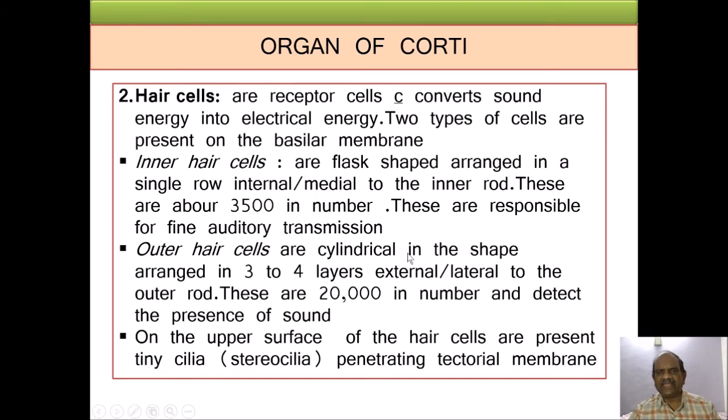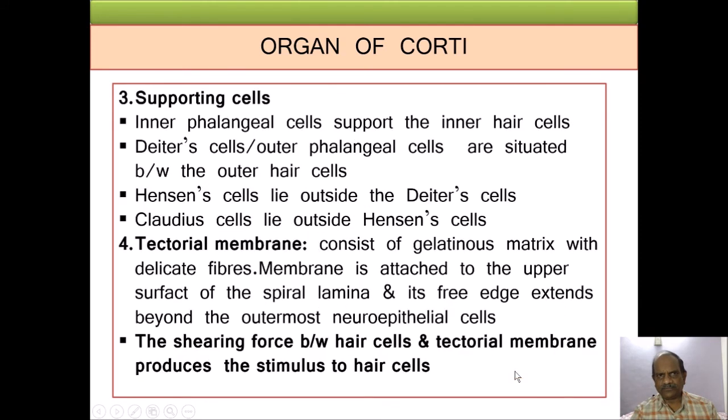Outer hair cells are cylindrical in shape, arranged in 3 to 4 layers, external or lateral to the outer rod. These are 20,000 in number and detect the presence of sound. On the upper surface of the hair cells are tiny cilia, also called stereocilia, which are embedded in the tectorial membrane.